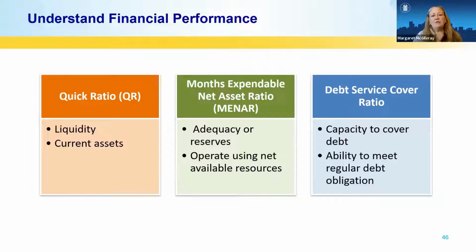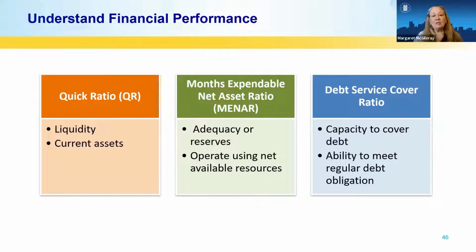HUD recommends that for a financially healthy PHA, you have at least 4 months worth of budget for each AMP, or that's asset management project, in your public housing reserves, and 6 months for your central office cost center, or COCC. Now, if you're a PHA that has less than 250 units, you don't have a COCC, so you would probably want to have 6 months in reserves across your entire operating fund.